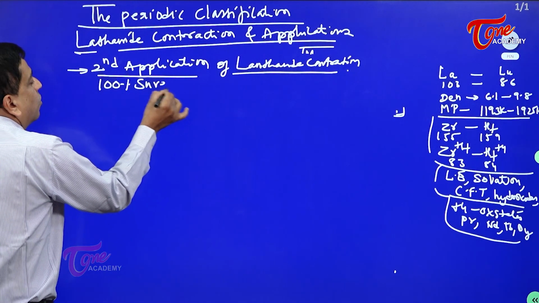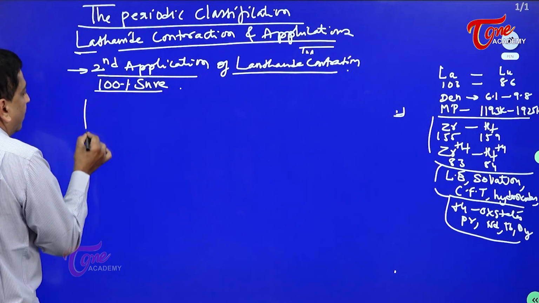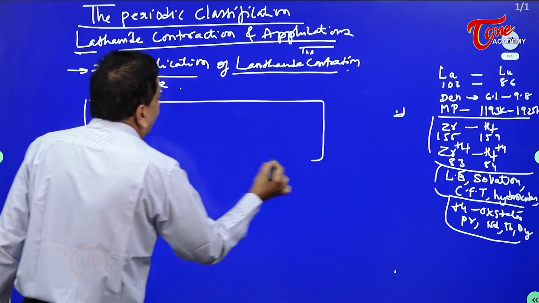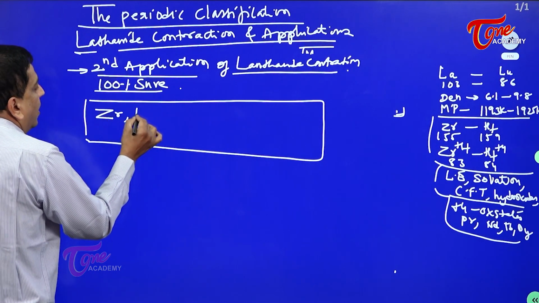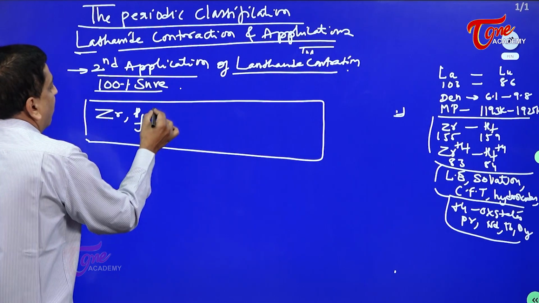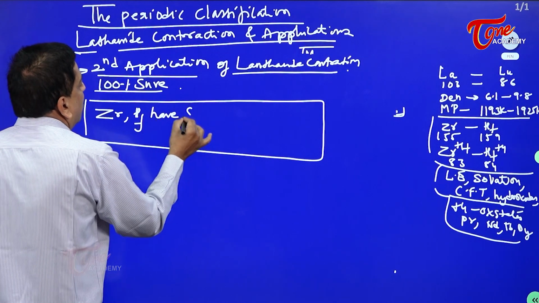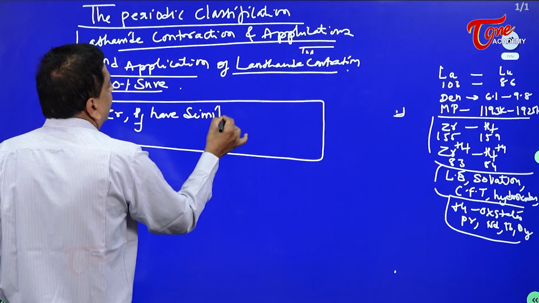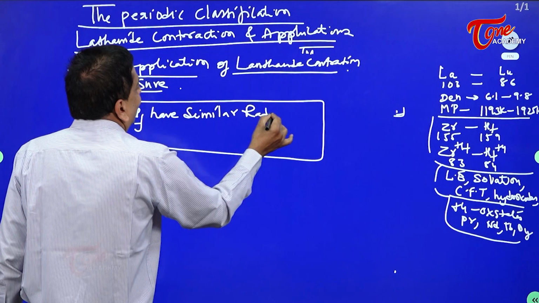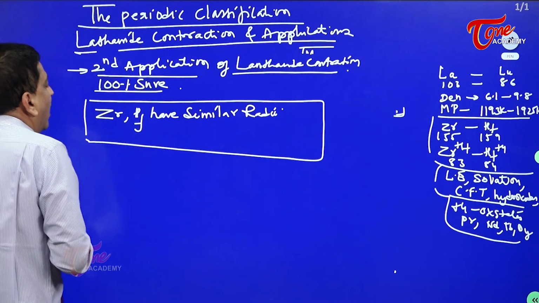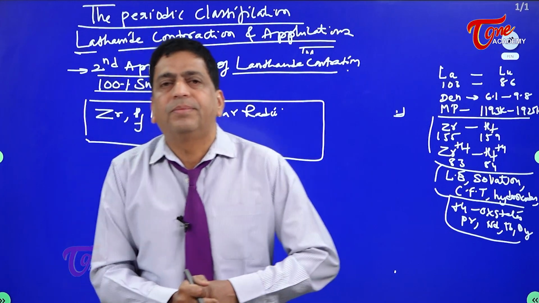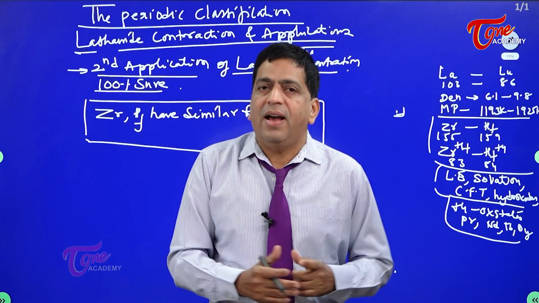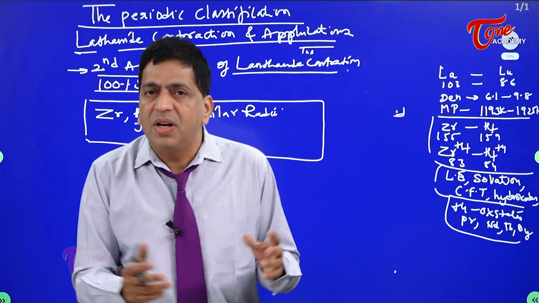And what is that? Zirconium and hafnium have similar radii. You must understand, zirconium and hafnium both will be having similar radii.